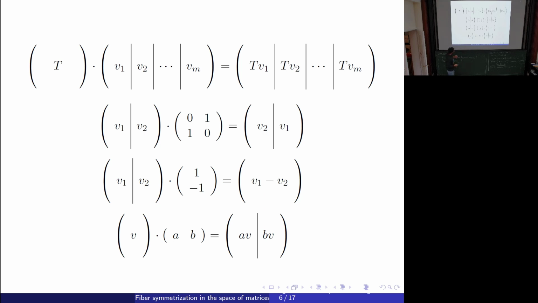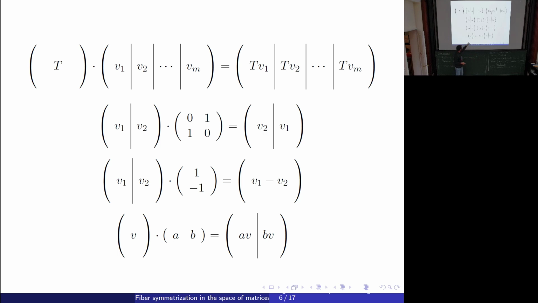And using this last action from the right, one can define a particular subspace of the matrix space, which is the subspace consisting of matrices whose columns are all parallel to a fixed vector v.